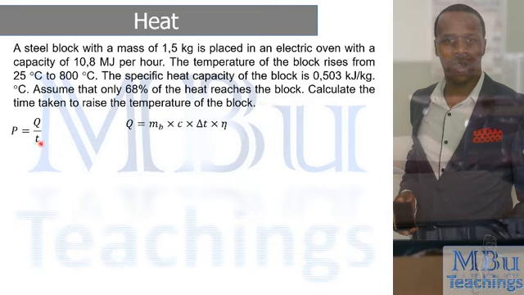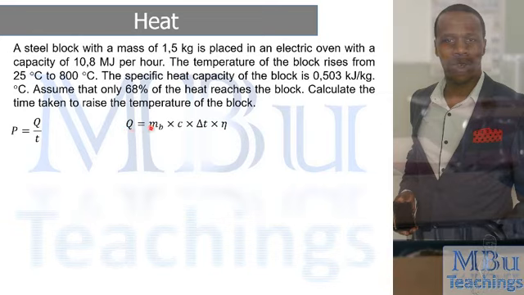So that means the focus is on the block. This was for the stove, then we'll use this for the block, but we still need that for the block before we can go to this equation. So this is why we are here, to find the Q for the block, the work done for the block.